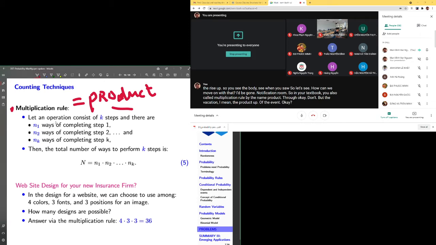So you have some operation consisting of k steps, and you want to compute the total number of cases. Then you have to compute in step 1 how many, in step 2 how many possibilities, and up to step k. Then the final answer will be like that. Okay.